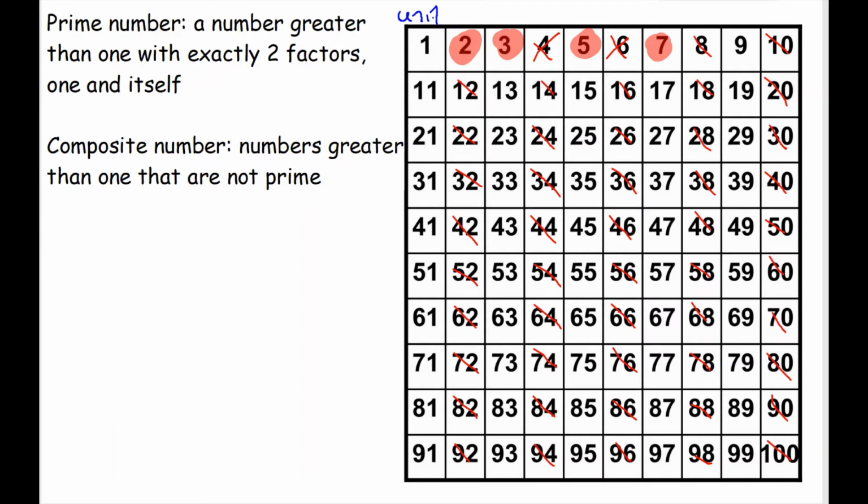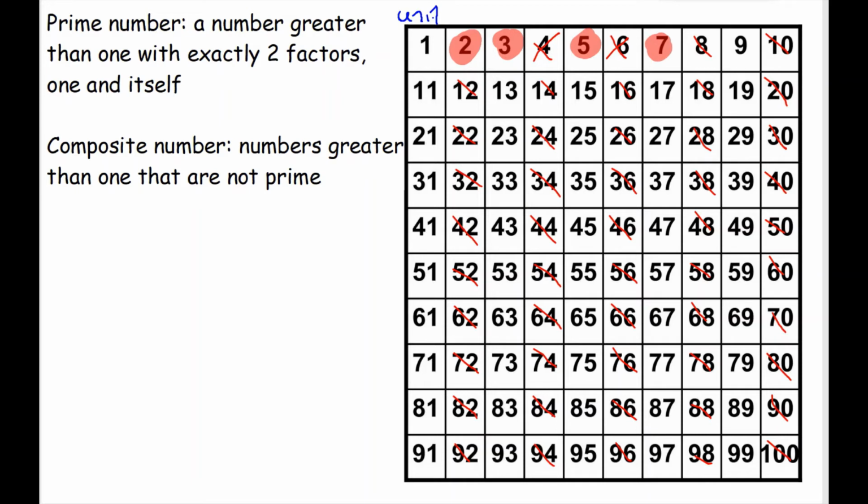Alright, so now I'm going to find the multiples of 3, okay, because that's the next prime number. So we're going to do that by crossing off the multiples of 3.